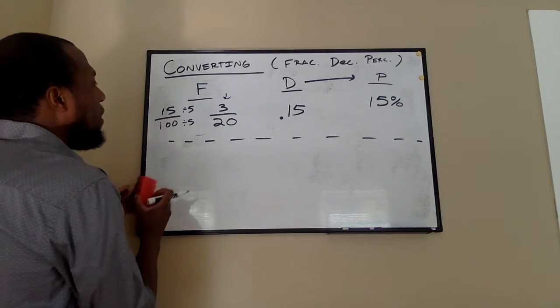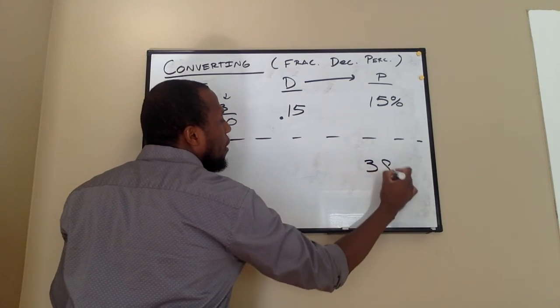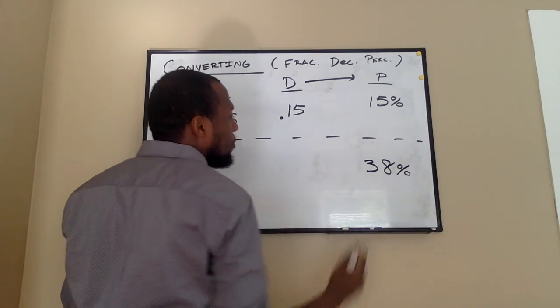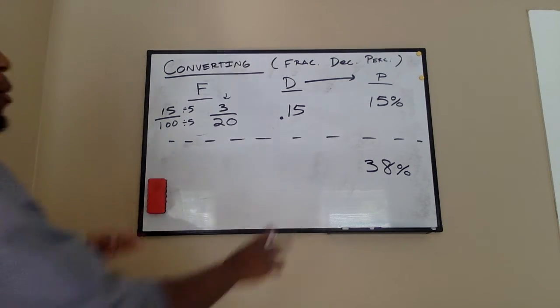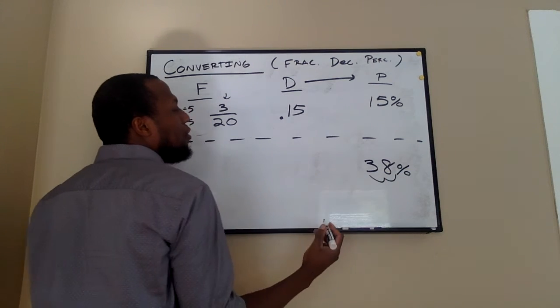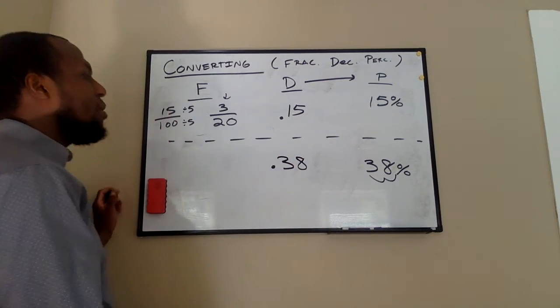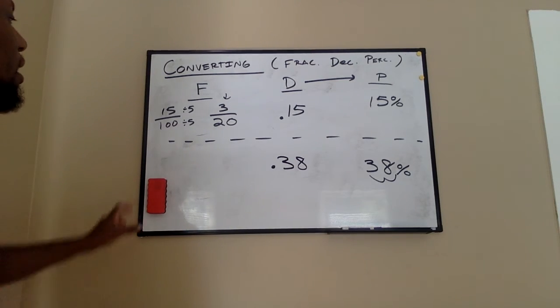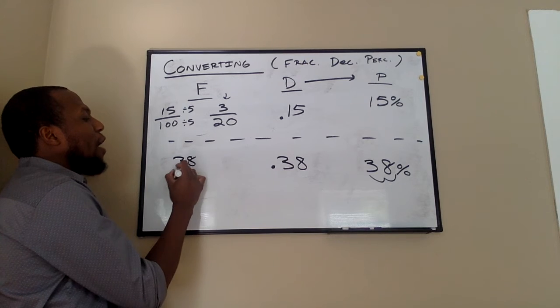And then let's say we're starting with 38%. Percent to decimal, that's nice. We just got to move the decimal place in the other direction. That's 0.38 as a decimal. And then 38 out of 100 for our starting fraction.